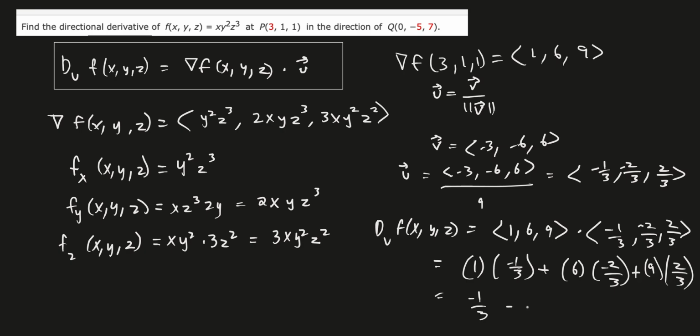Negative 1/3 minus 12/3 plus 18/3. This is going to be, let's see, minus 13 plus 18, which is 5/3. We didn't really need to simplify here because at the end of the day, we are getting a simplified result. That's your answer.